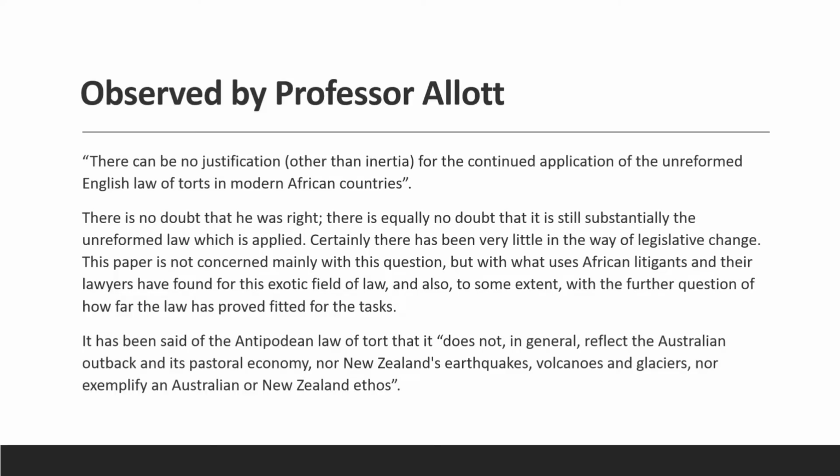It has been said of the Anglo-Origin law of tort that it does not in general reflect the Australian outback and its pastoral economy, nor New Zealand's earthquakes, volcanoes, and glaciers, nor exemplify an Australian or New Zealand ethos.